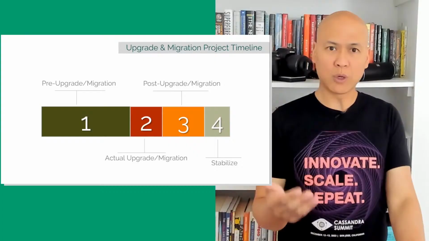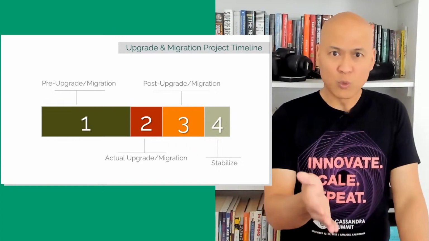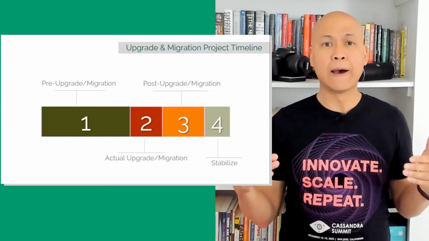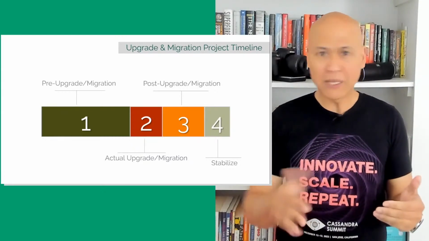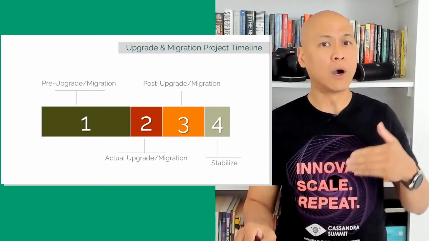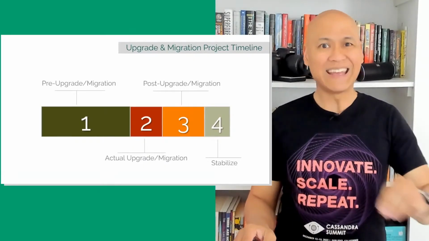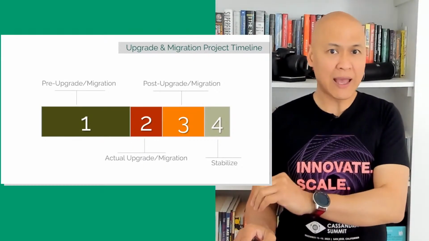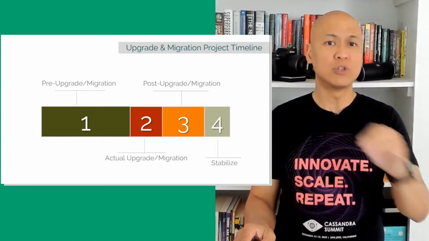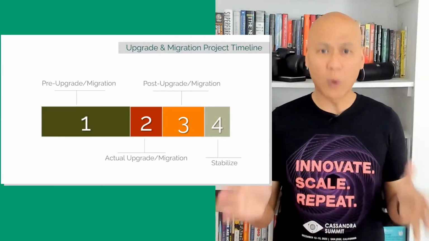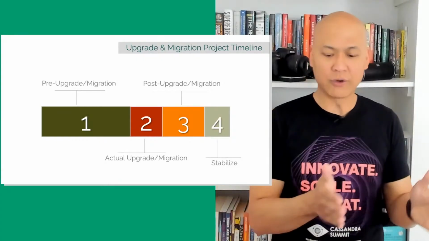In fact, when I work with customers, this is the portion where we are gathering as much information as we can. We are building a parallel environment, meaning we're not touching production. We are building the new environment. We are replicating whatever configuration settings we have from the old production to the new production, testing so many things until eventually we're ready to cut over, which is phase number 2.